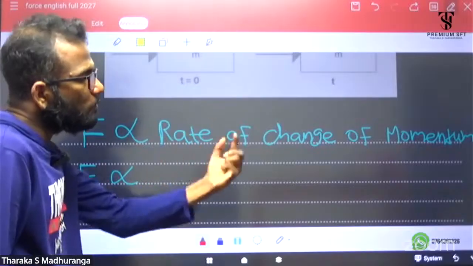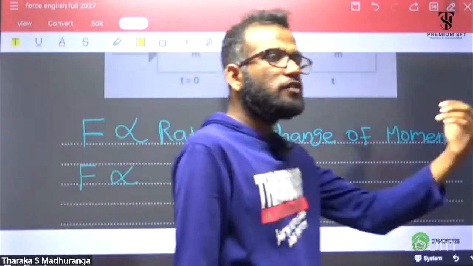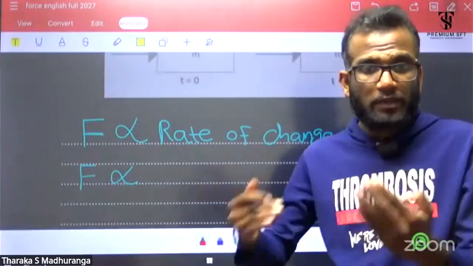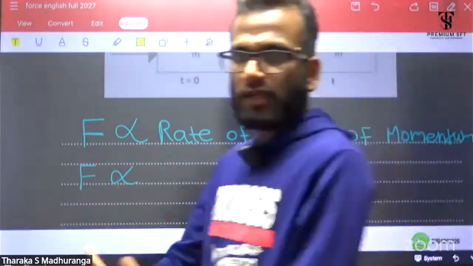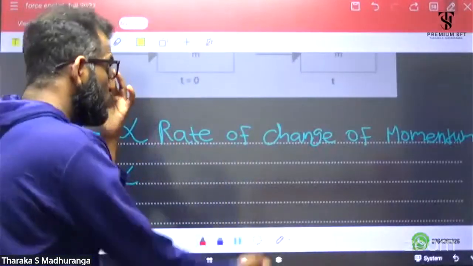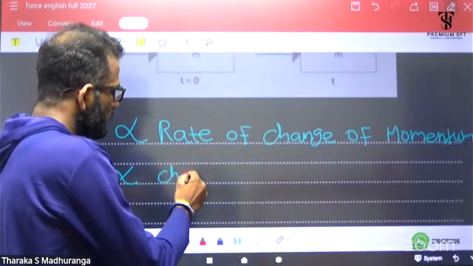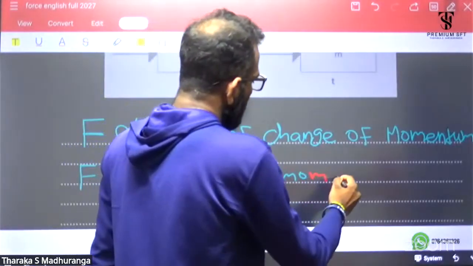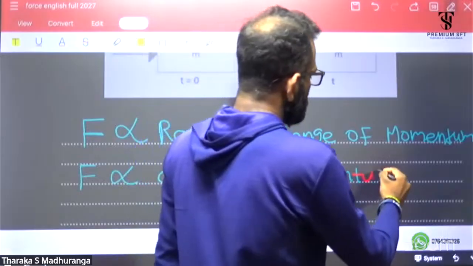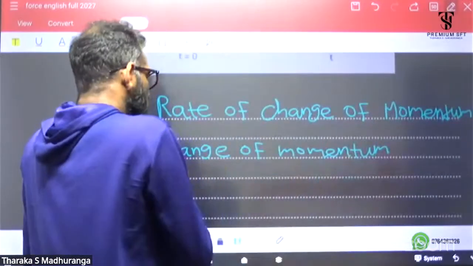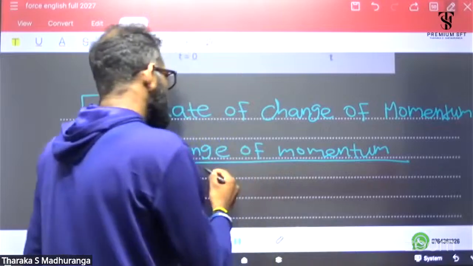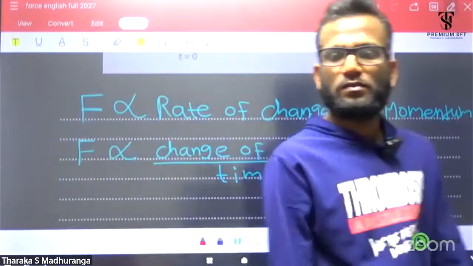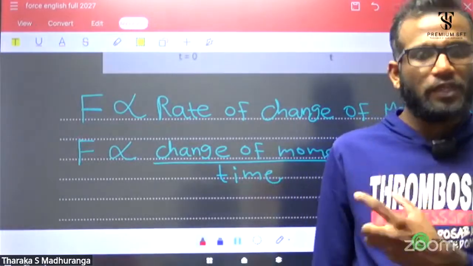Rate of change of momentum means change of momentum within unit time. That's the meaning of rate. The change of momentum in a unit time. That's the meaning of rate of change of momentum.